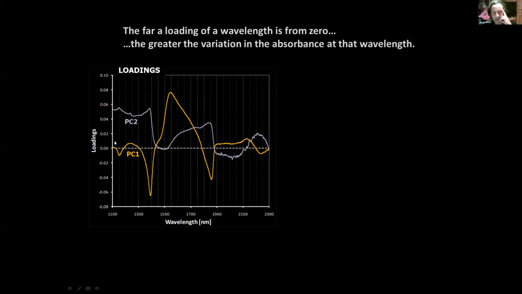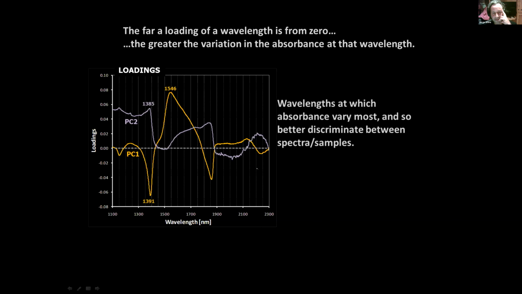The farther the loading of a given wavelength is from 0, so close to -1 or to 1, the greater the variation in the absorbance at that wavelength.